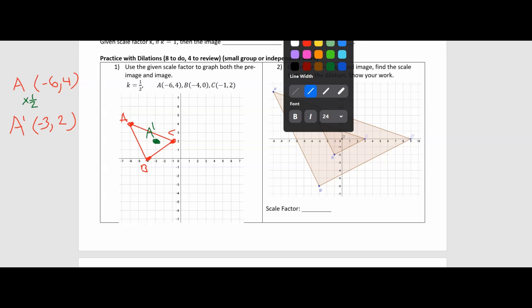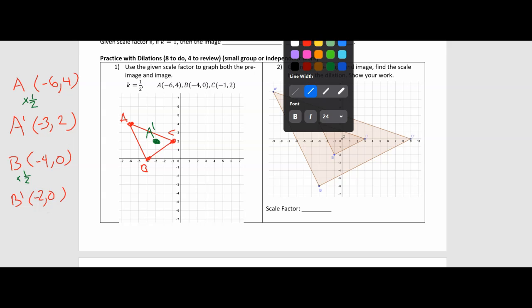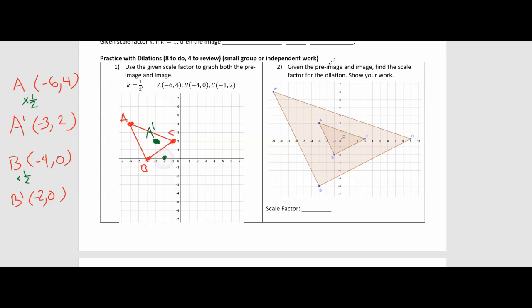That's A prime. Do the same thing for B. So B, negative 4 comma 0. B prime, if I multiply by 1/2, I'm going to get negative 2 comma 0. And finally for C and C prime, if I multiply by 1/2, I get negative 1/2 or negative 0.5 comma 1.